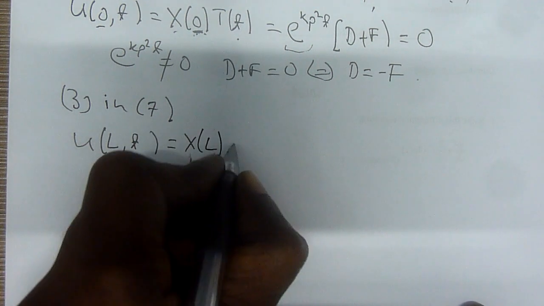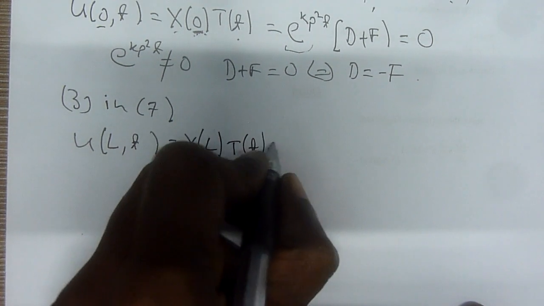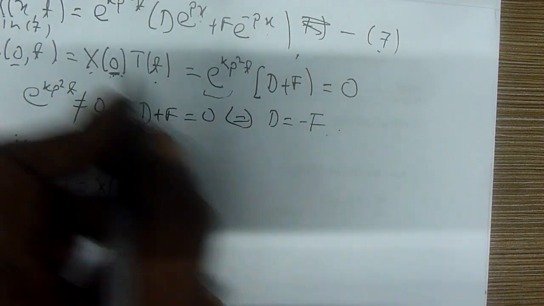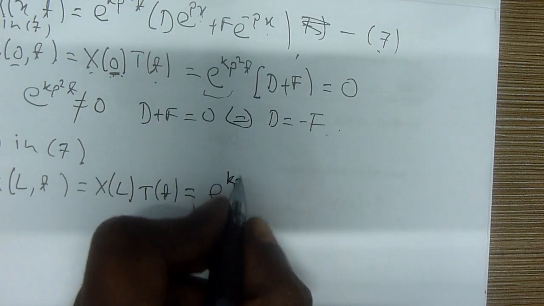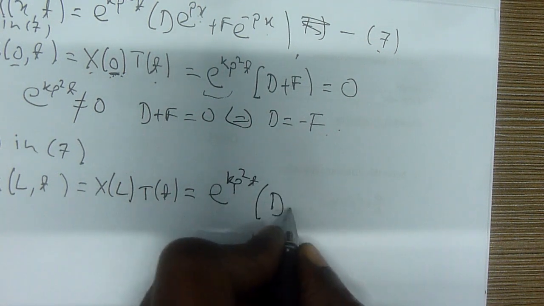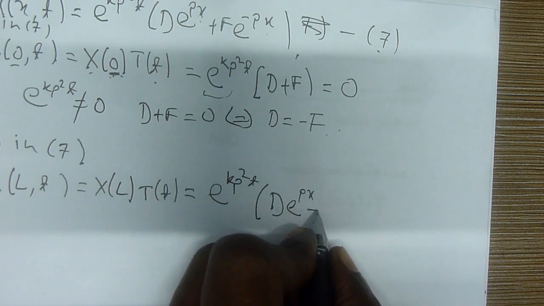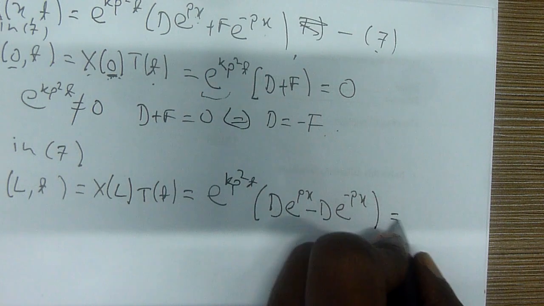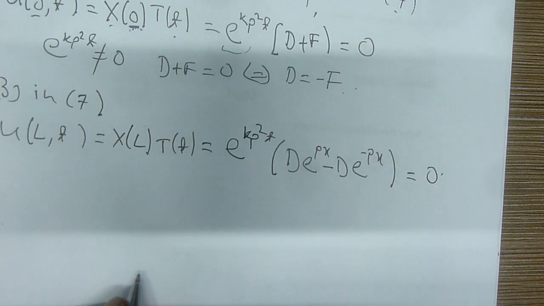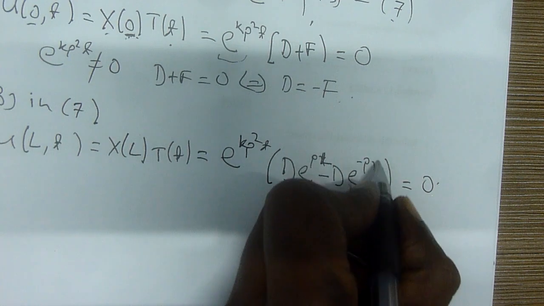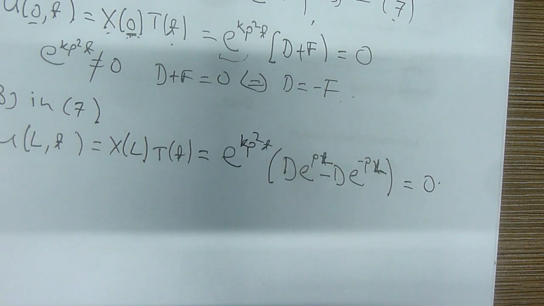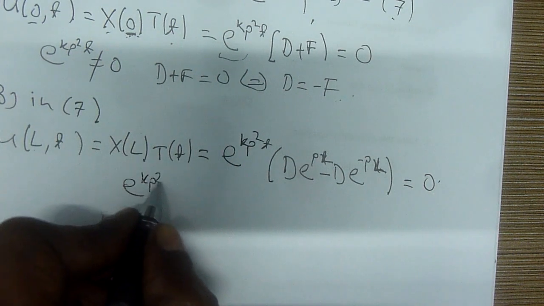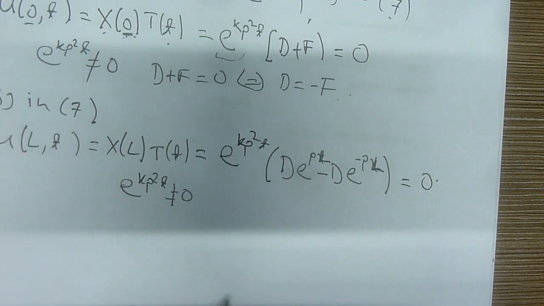Since this is d, you go back again: e^(kp²t), this is d e^(px), minus f is minus d, back e^(-px), which equals 0. Remember this is L. Again, e^(kp²t) cannot be 0, of course.